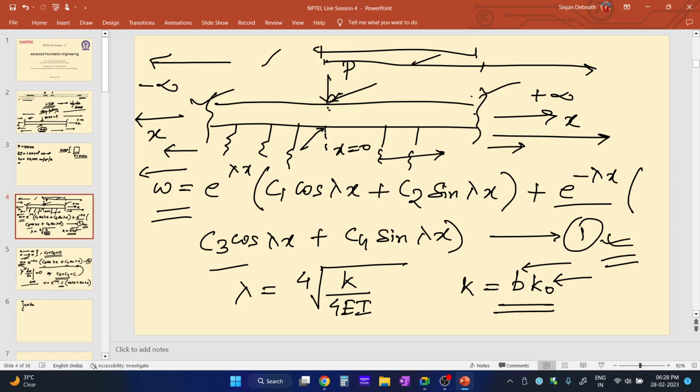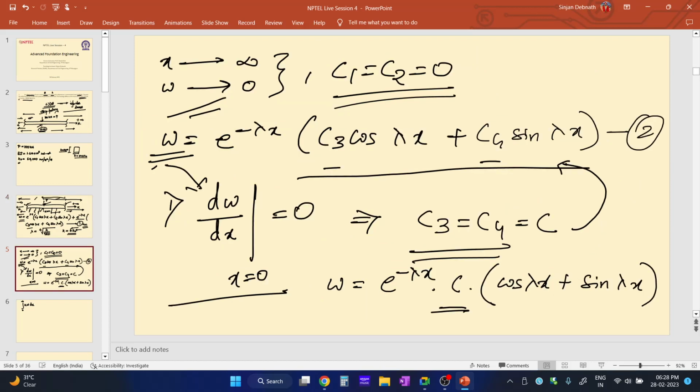So the other boundary condition is that at the point of application of load, at x equal to 0, the slope will be 0. So dw by dx, the change in deflection with the change in length at that point, is equal to 0 at x equal to 0.